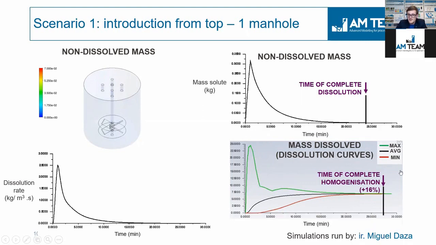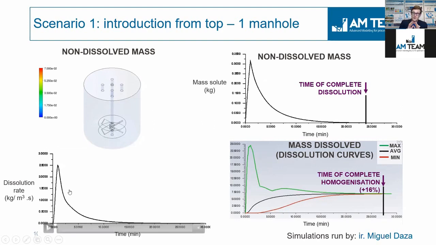What you see here are the dissolution curves, so the amount of mass that has been dissolved. The black one is the real dissolution curve, the maximum concentration locally observed in the vessel, and the minimum, the red line, is the minimum observed concentration in the vessel. Of course, if the minimum, the maximum, and the average coincide, you have complete homogenization. And here you see the dissolution rate, the speed of dissolution.